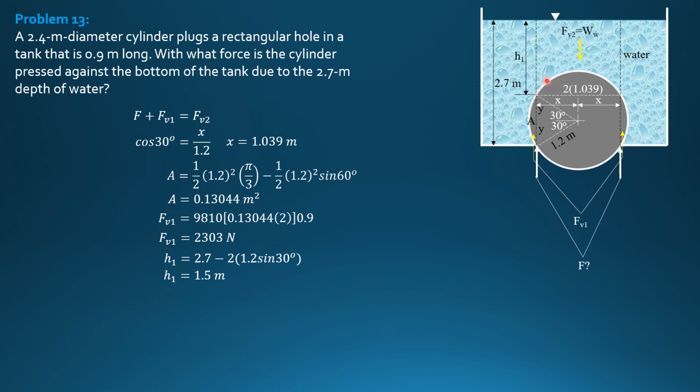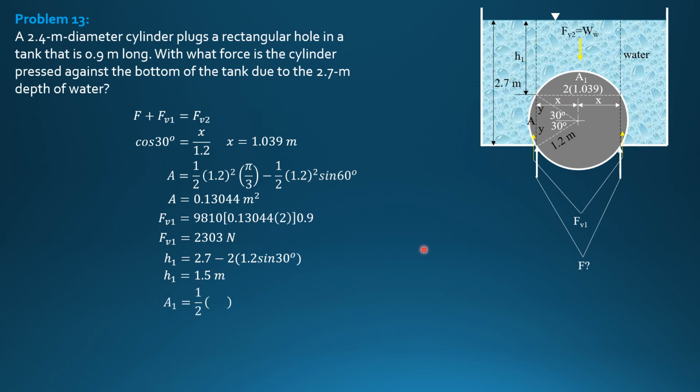Then the area to be considered in computing for FV2 is area of rectangle with dimension 2 by 1.039 by height h1, less area of another segment of a circle, call that area 1, which is area of sector again with central angle 120 degrees because this is 60 and another 60 degrees here, so 120 degrees, minus area of triangle with central angle 120 degrees also.